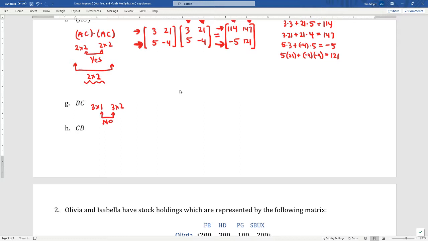For CB, C was a 3 by 2 matrix, and B was a 3 by 1 matrix. And again, we see our middle dimensions don't match. The number of columns in C needs to match the number of rows for B. All right, so neither of those multiplications can be done, and I'm happy about that because matrix multiplication is boring.